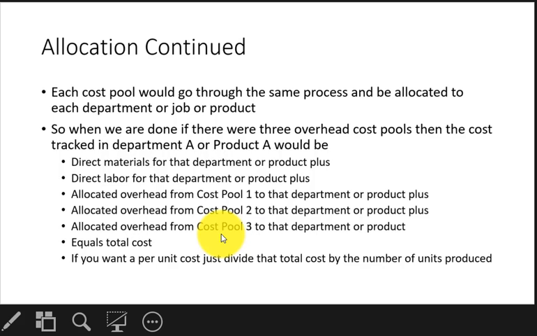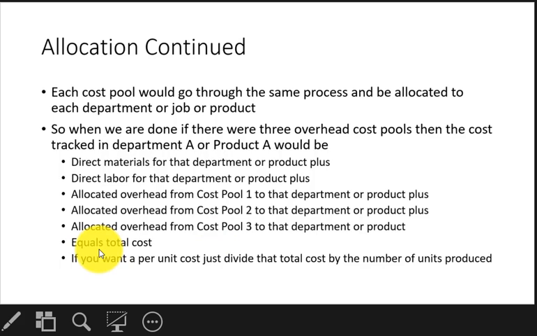So instead of having direct materials, direct labor, and overhead, we have direct materials, direct labor, and overhead from each cost pool separately. I would generally encourage you to do those separately so you can make sure that you've got them all rather than adding them together to try to save time. That equals total cost.